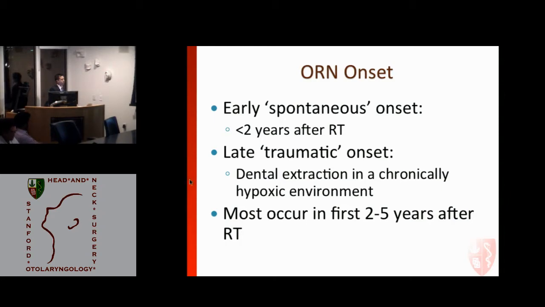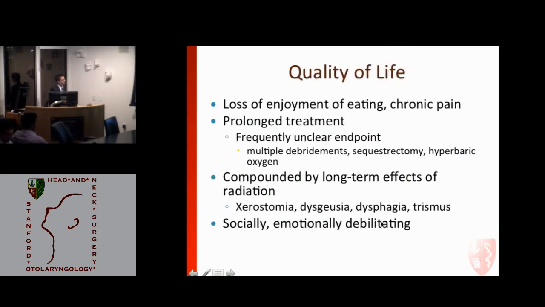But the point here is that patients who have been radiated to their mandible to a significant degree are at risk for ORN for the rest of their life, definitely. So you always have to be thinking about, especially in terms of dental hygiene and whether a patient necessitates a dental extraction down the road, whether this is worthwhile for a patient who's been heavily irradiated to their mandible. So most instances of ORN occur within 2 to 5 years of radiation therapy.